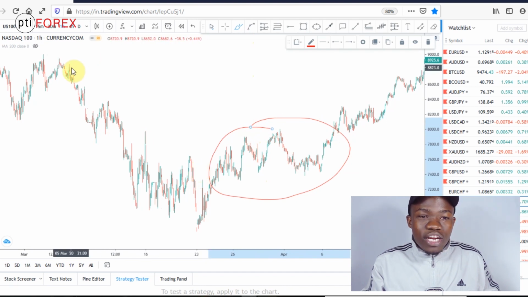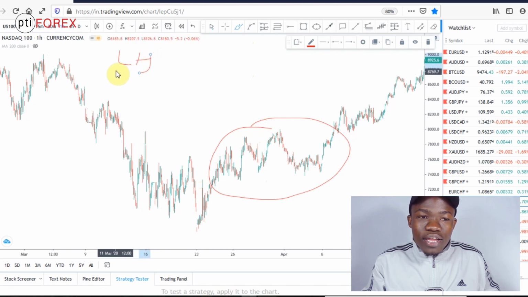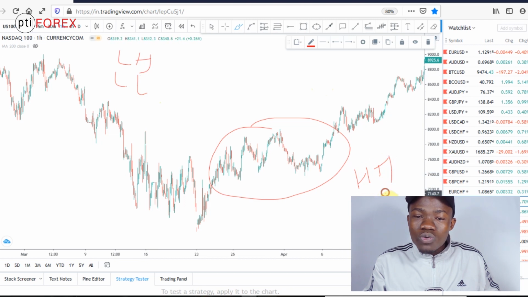Remember the thing that I told you, that a downtrend is lower highs and lower lows, but an uptrend is higher highs and higher lows. So if you don't see this, it means that it is no longer a downtrend. And if you don't see this, it means that it is no longer an uptrend.